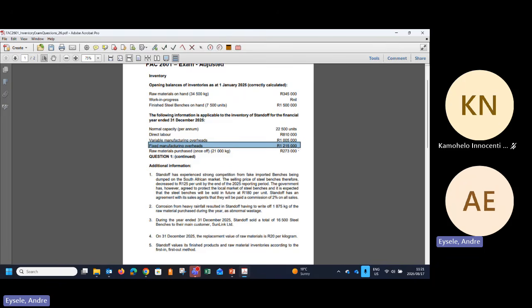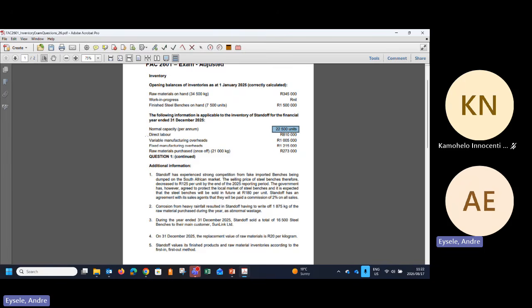But now we don't know yet how many units we produced. At the moment they say that we can make 22,500 units in a single year under normal circumstances, and that is how we allocate fixed manufacturing overheads to production. So you take 1215 and divide it based on your normal capacity, 22,500.